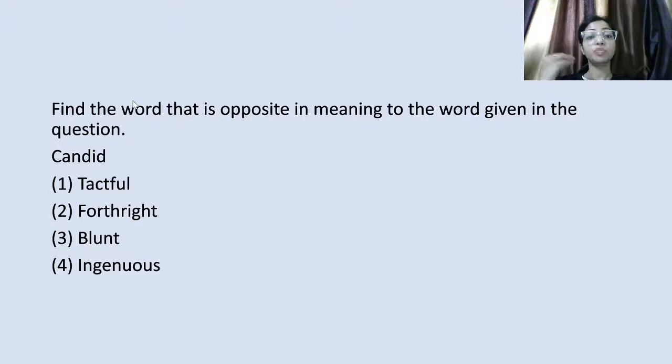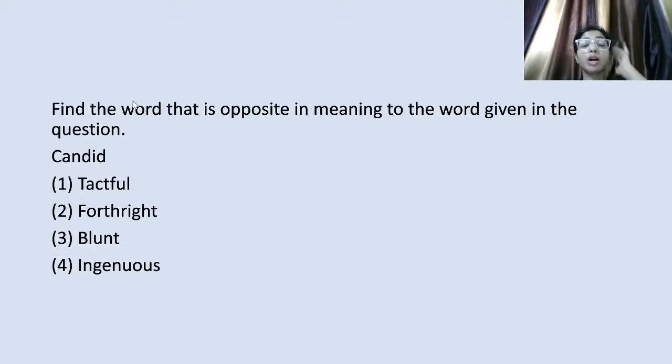Somebody who speaks very straightforward, mostly in a rude or offensive way. And the last option is ingenuous. Ingenuous means somebody who is very innocent, simple. यानी कि वो जो innocent होगा और जो simple होगा वो कभी भी tactful नहीं होगा. वो दिमाग नहीं लगाएगा ज्यादा चीजों में. जो वो है सो है.